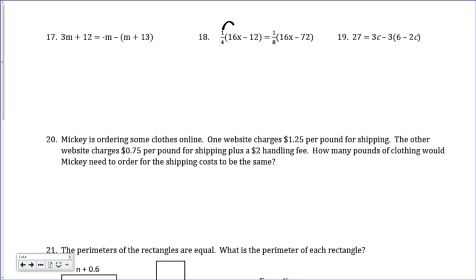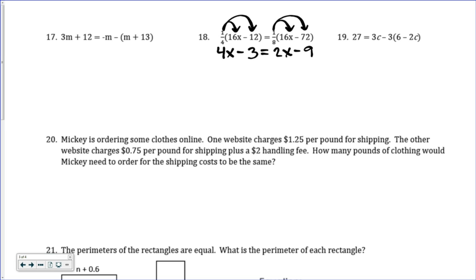So 1/4 times 16x, 1/4 of 16 is 4, so we're left with 4x. 1/4 times a negative 12, 1/4 of negative 12 is negative 3. Distribute 1/8, 1/8 times 16x is 2x. And 1/8 of negative 72 is negative 9.